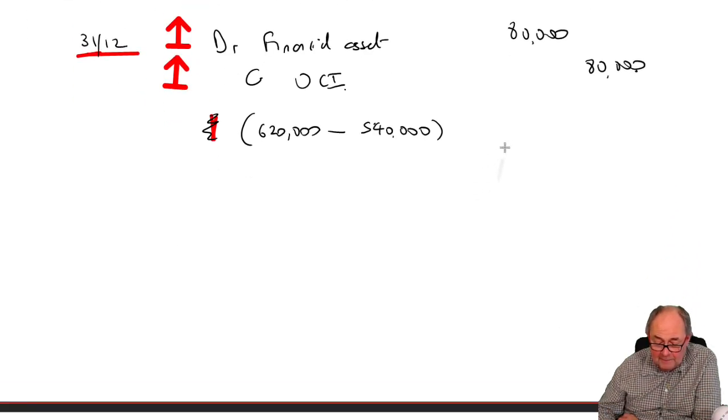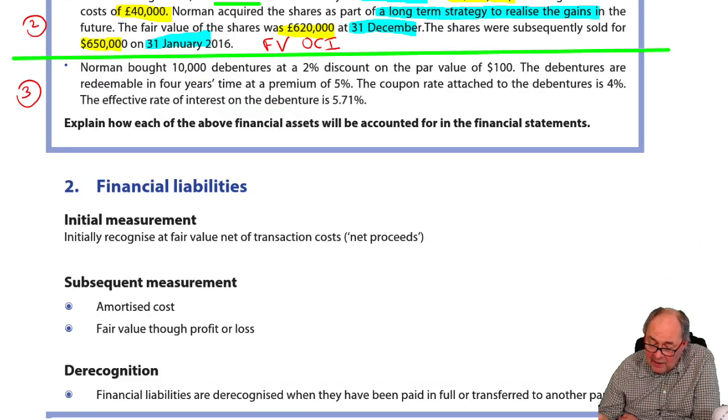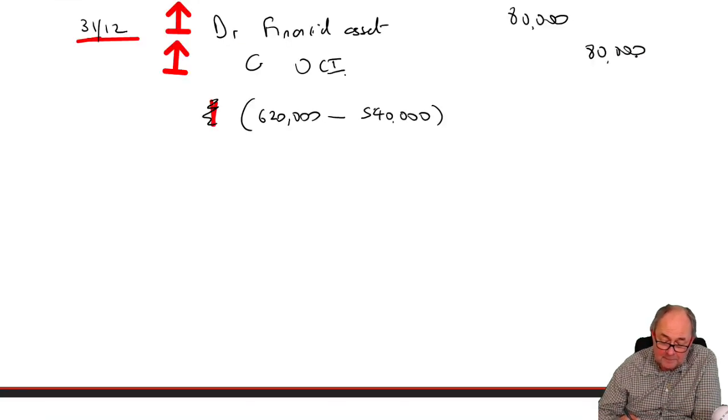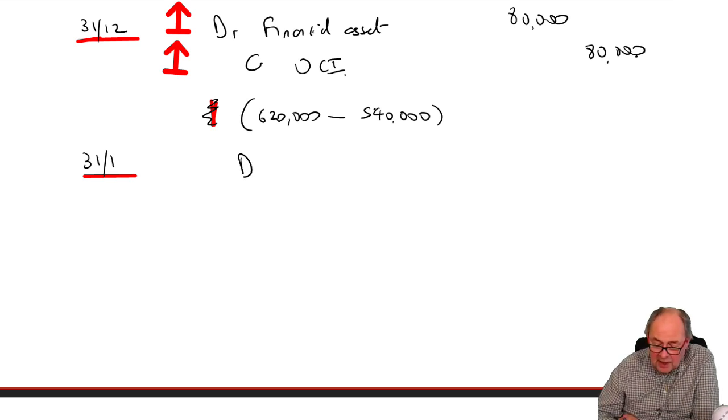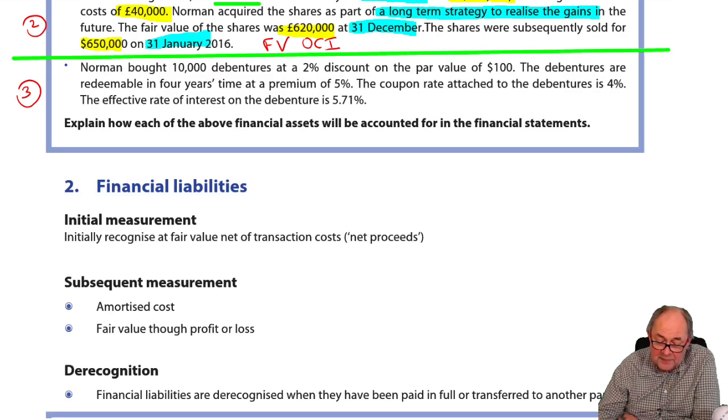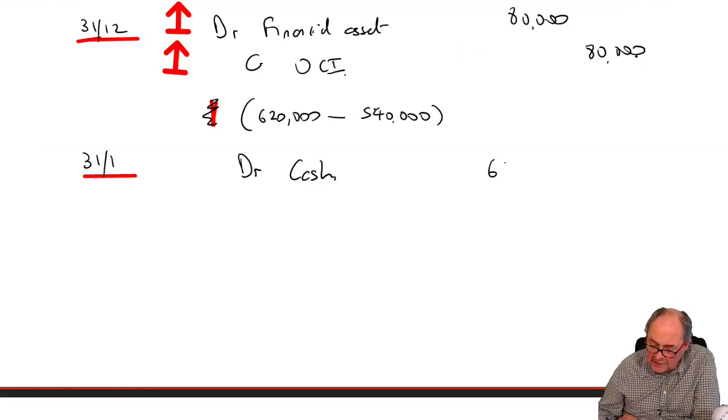So finally, what's the date now? The 31st of January. On the 31st of January, we come to sell the shares. When you sell the shares, I can see it's a gain, so I'll be debiting cash. The proceeds we just mentioned were wonderful, 650,000. That's on the positive. We're going to say goodbye to the financial asset.